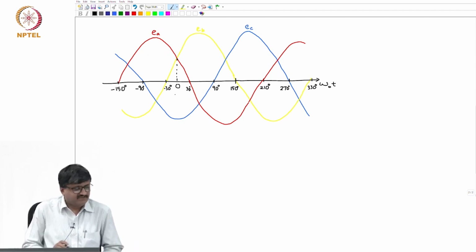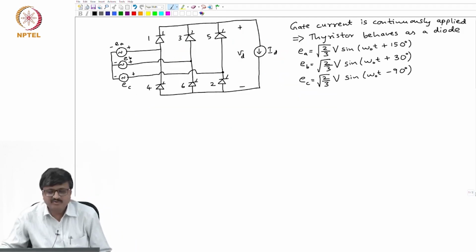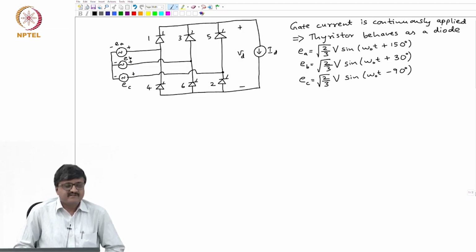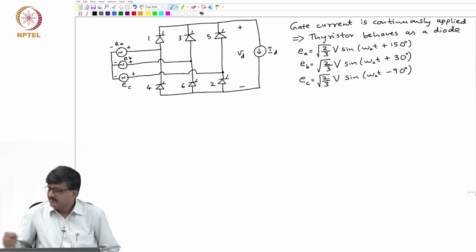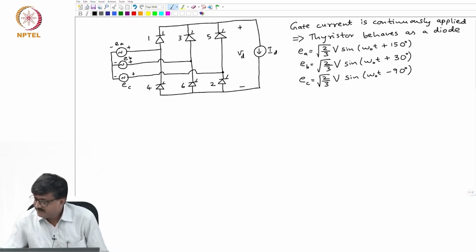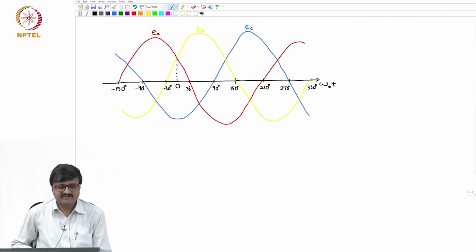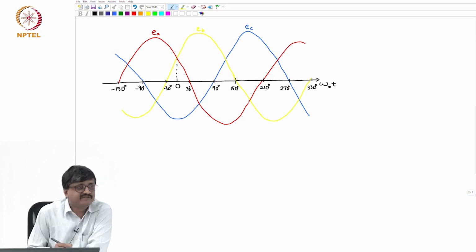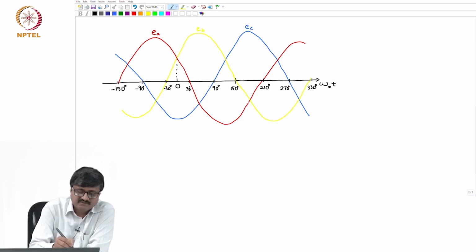Now, just now we saw that if I look at the commutation group consisting of valves 1, 3, 5, at any instant the valve with the highest anode potential conducts. So, let us first mark the instants of conduction of different valves based on the one with the highest anode potential.